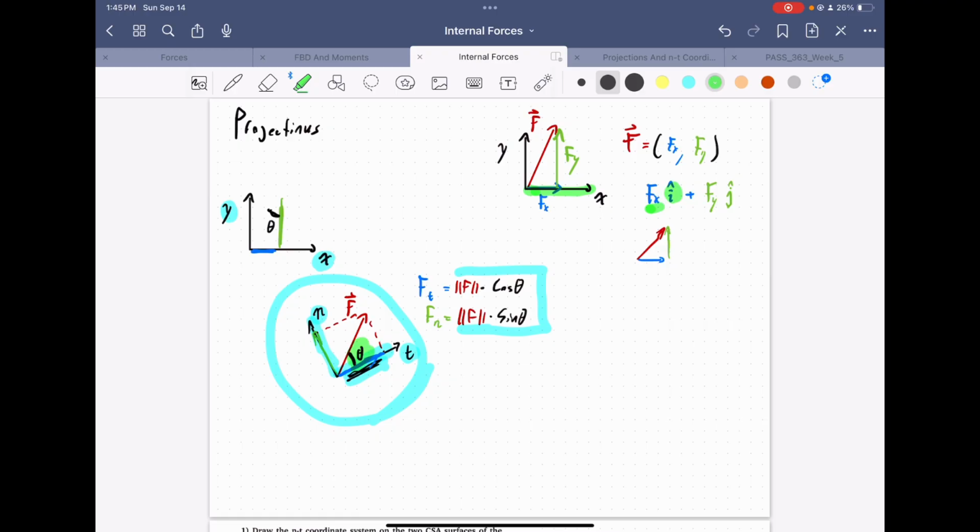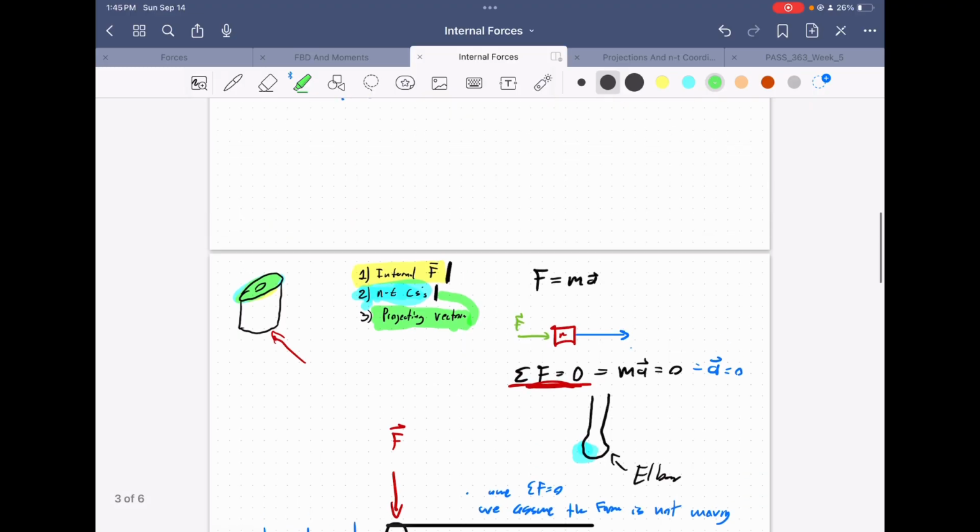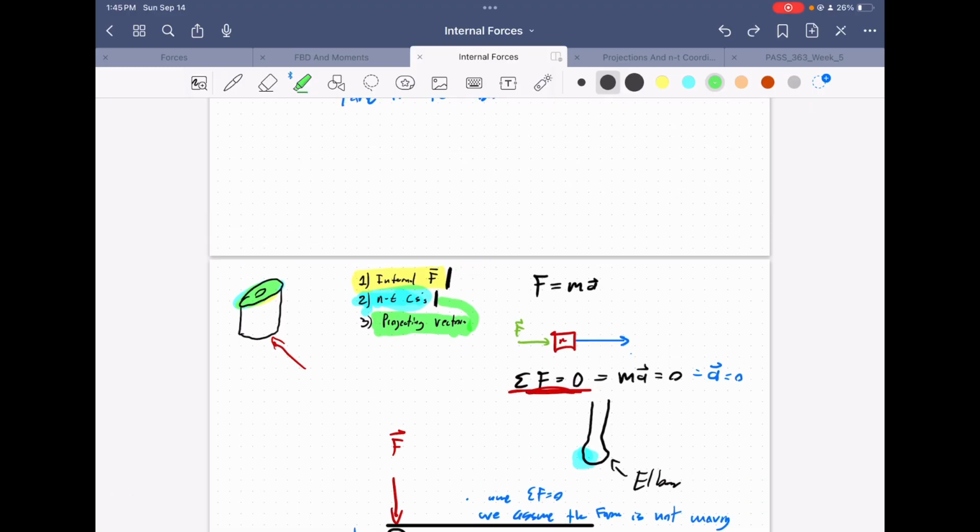And I'm going to show the method that I find really simplifies things and will help you find that angle no matter what. But that is a bit of a review of projections. So we technically now know all three, so we can now solve.